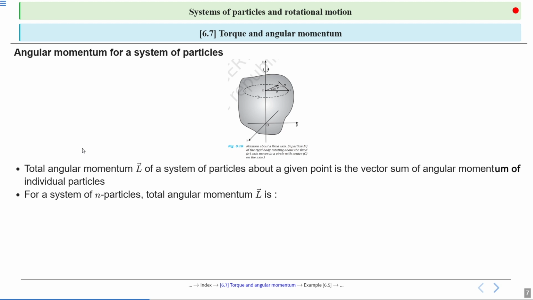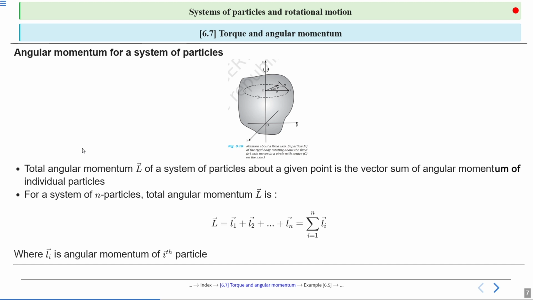So for a system of n particles, the total angular momentum capital L is L equal to L1 plus L2 plus up to Ln. The important point here is that small L1, small L2 and small Ln are the angular momenta of the individual particles, and we take their vector sum. For the first particle, this one, for the second particle, this one, for the nth particle, this one. In summation form, the total angular momentum capital L is equal to the sum from i equal to 1 to n of Li.